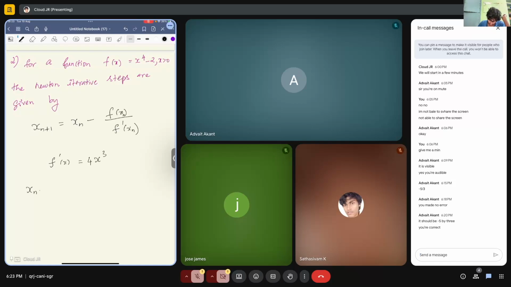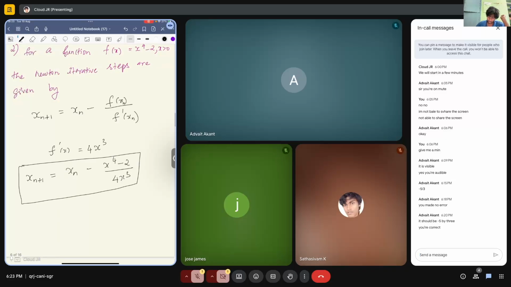So your iteration formula looks like this: x power 4 minus 2 divided by 4x cube. Now you can start with any initial value and apply it. You will get around 4 roots.